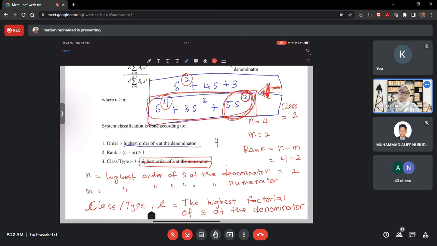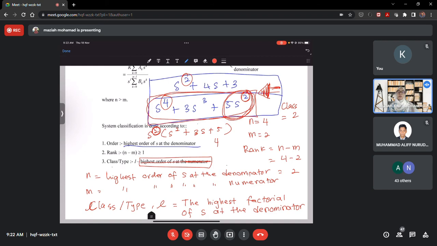If you factorize, you will get S square times S squared plus 3S plus 5. So the highest factorial of S is 2, the highest order of the factored S for the denominator part. So that is the class.